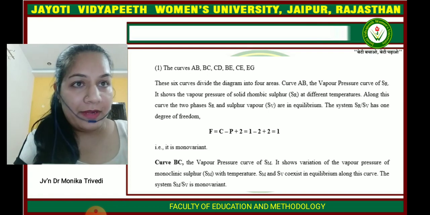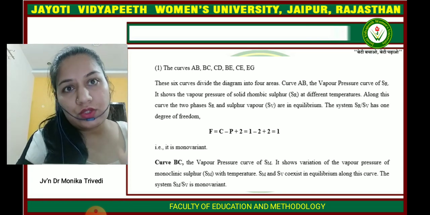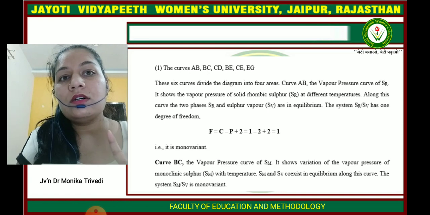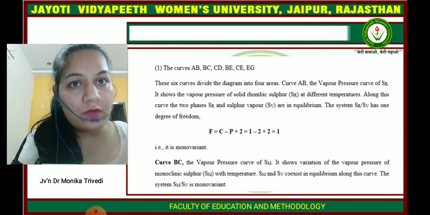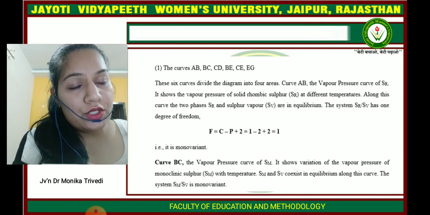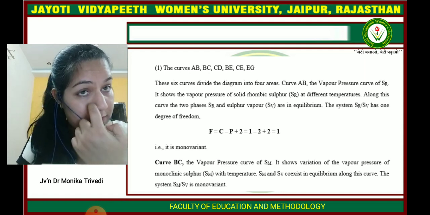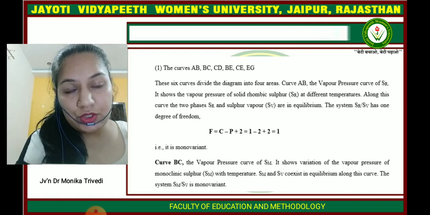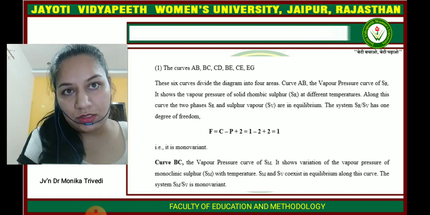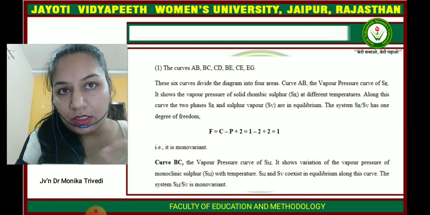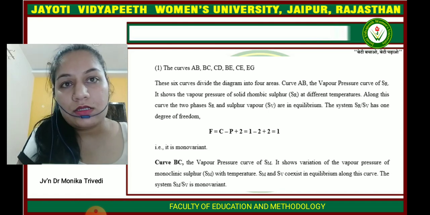Each curve represents the coexistence of two phases, so the phase is 2, but it is represented by a single chemical formula, which is sulfur, so the component is 1. If we apply the phase rule for a one component system, F equals C minus P plus 2, and we put the value of component 1 minus 2, the phases present at each curve, plus 2, we get 1. That means the system is monovariant.